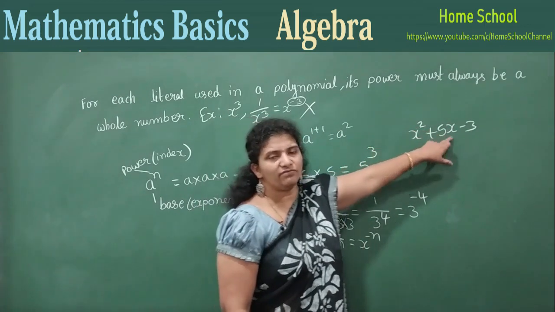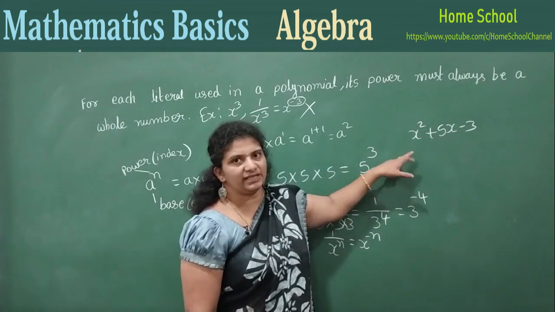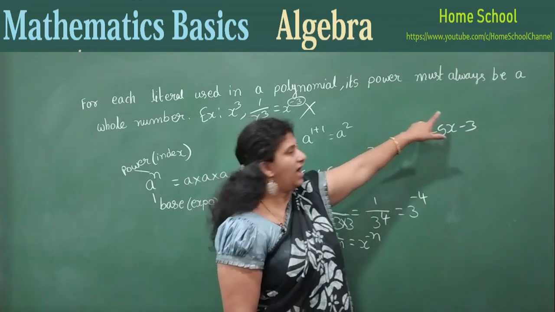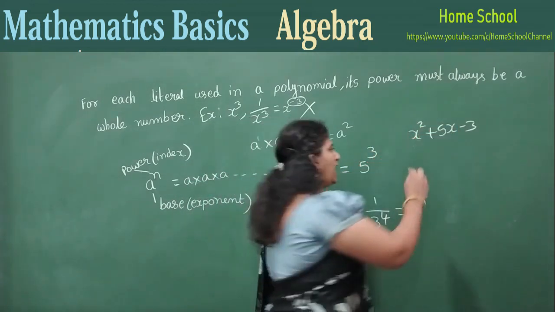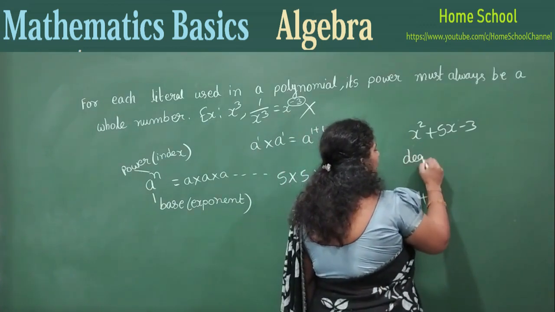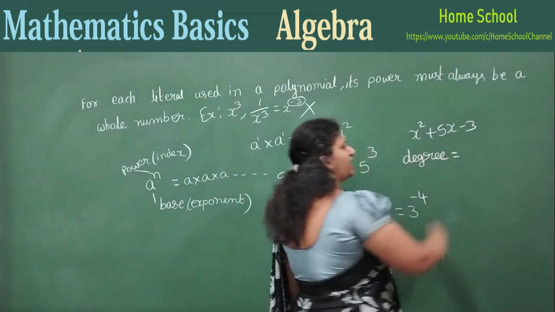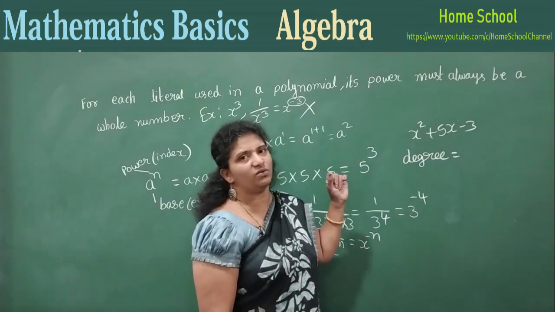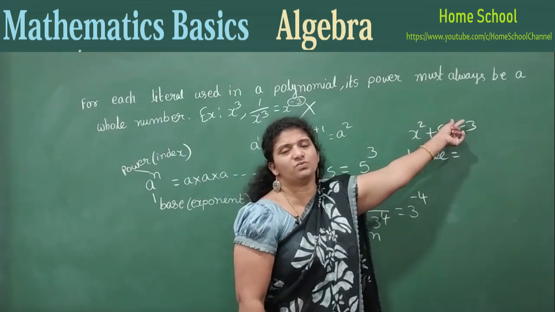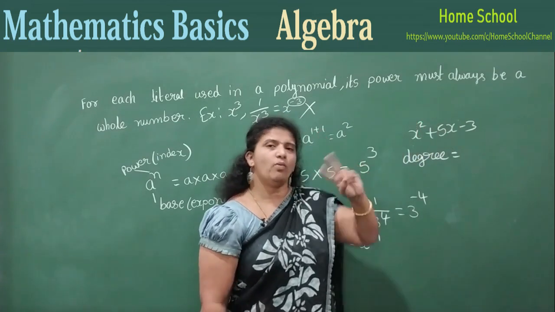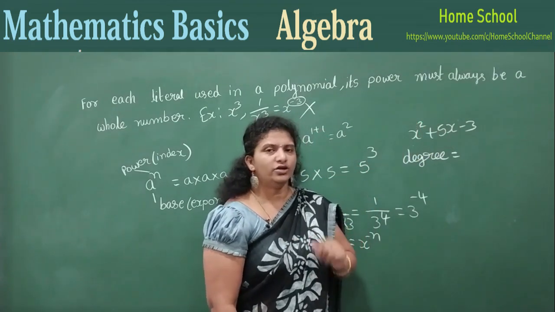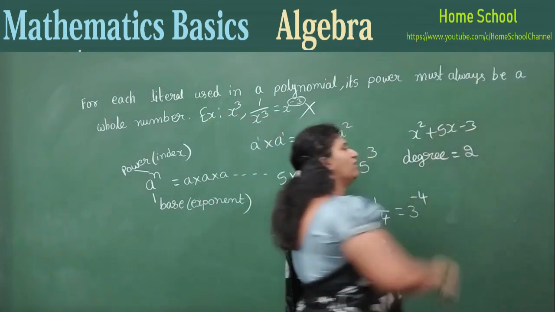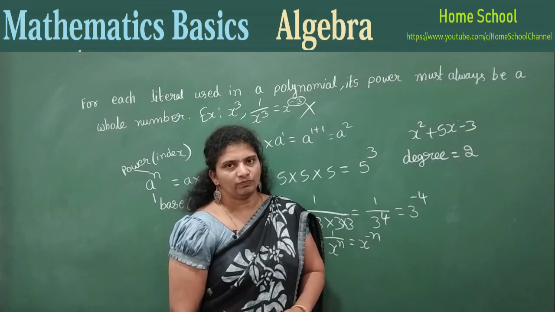One variable is used in this expression, that is x. Here the power of x is 2 and here the power is 1. Now, what is the degree of the equation? The highest power in the given equation. Here the power is 1 and here the power is 2. Which is greater? 2 is greater, right? Therefore, the degree of the given expression is 2.